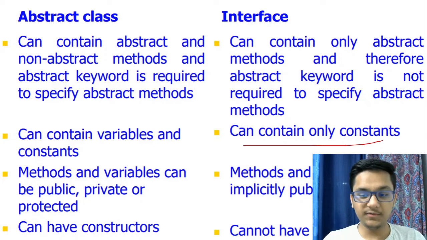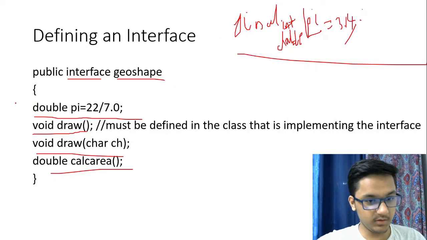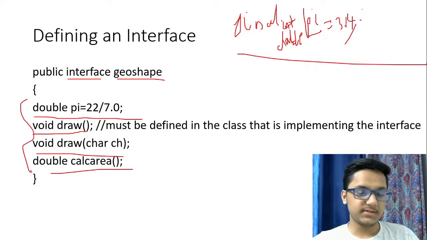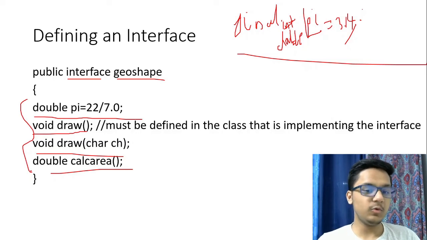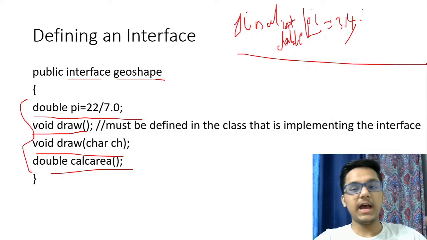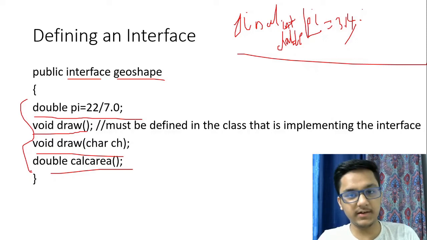Now, in an interface, all the methods and all the variables are public by default. Why is this? This is because the main goal of an interface is so that something inherits it. We cannot use the methods and the variables normally in an interface class. So the main goal of an interface class is to be inherited.